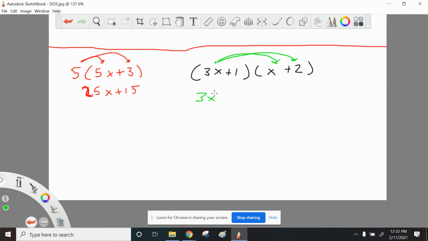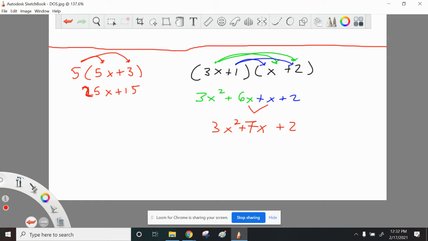So you're going to get 3x squared plus 6x, and then you need to also multiply these and get x, and you need to also multiply this and get 2. And then, again, this is all review, so 90% of the time, these middle two terms are going to combine as well, and you're going to get 7x. And so you'll end up with an answer something like this. So this is foiling. This should be comfortable.